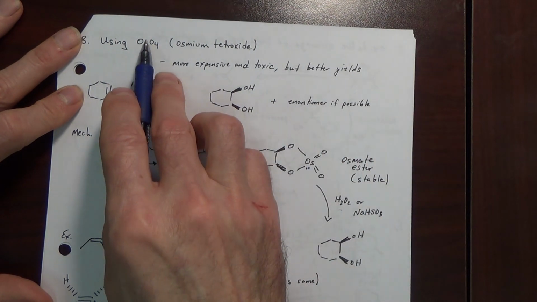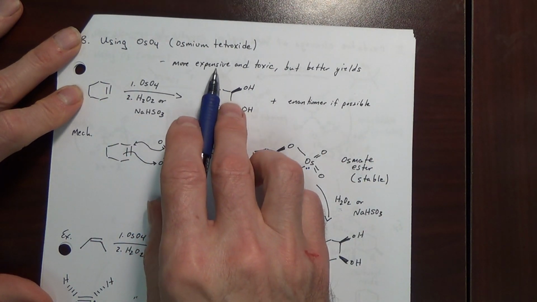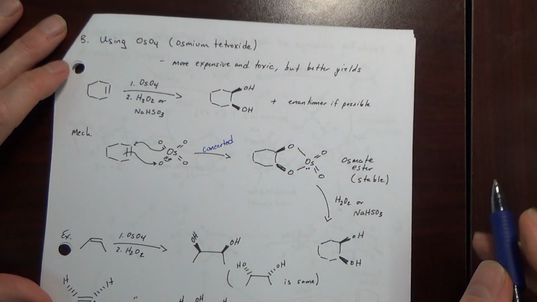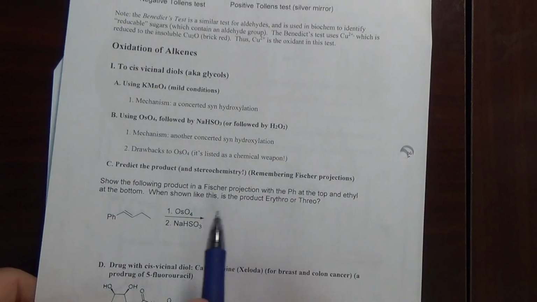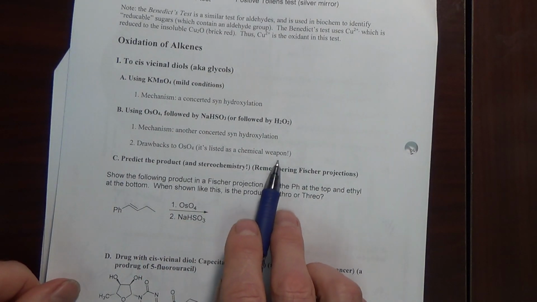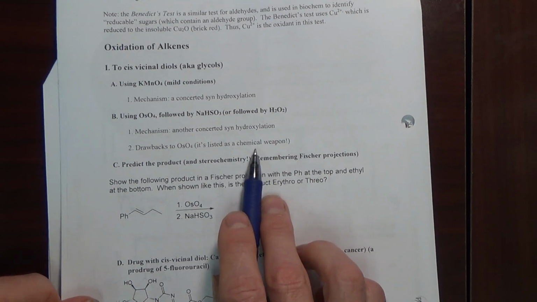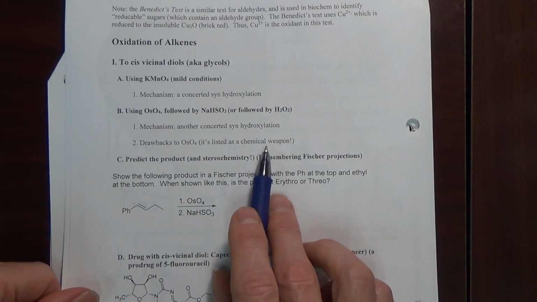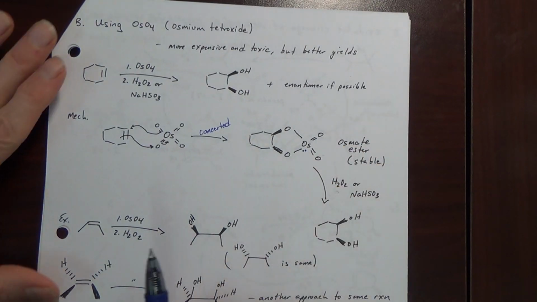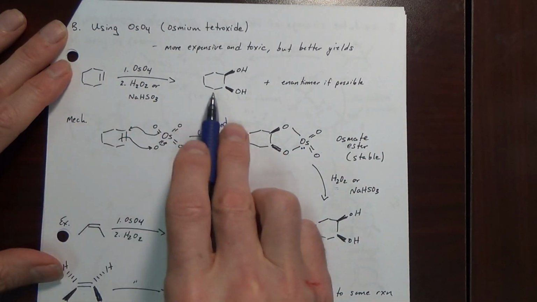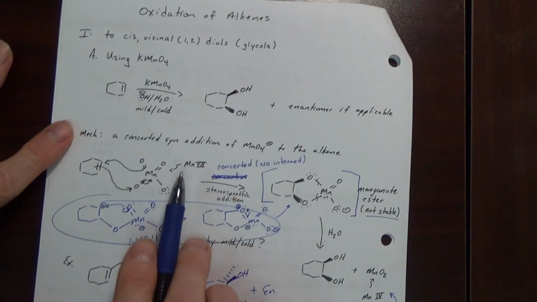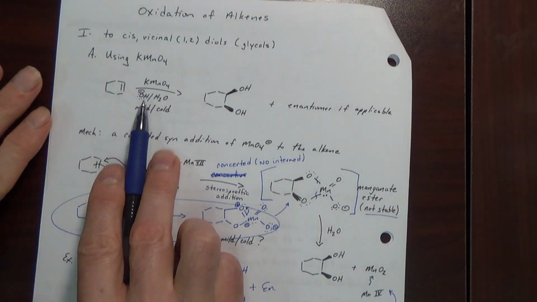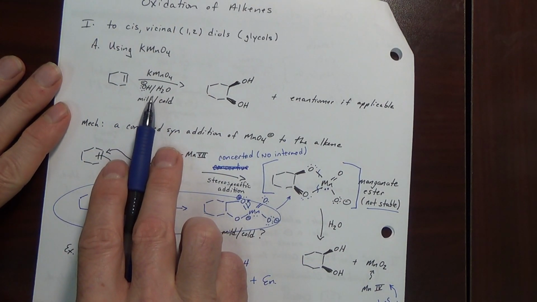But osmium tetroxide is more expensive and it's also toxic. Okay? OsO4 is actually listed as a chemical weapon. Okay? It's pretty nasty stuff. So I reckon if you're looking to do this reaction, would you rather use a safer reagent that's easier to use, but maybe your yield is not as good?